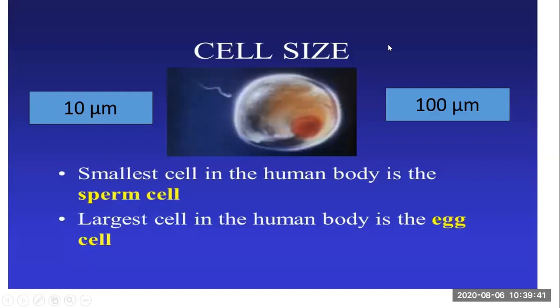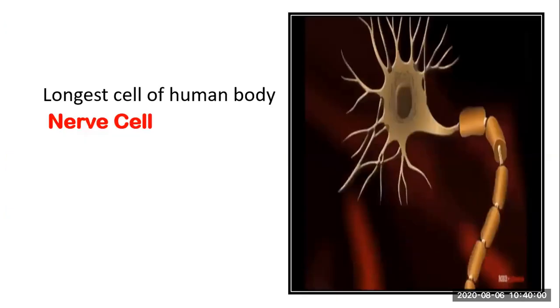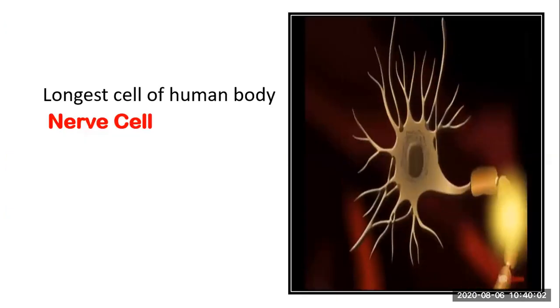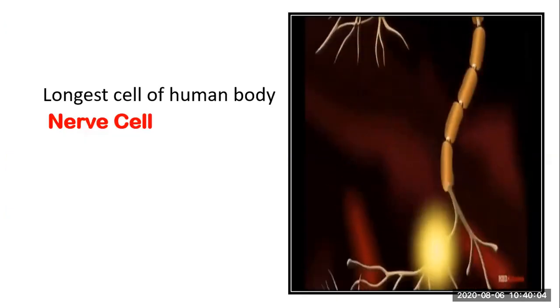Now, as you can see, the cell size starts from 10 micrometer to 100 micrometer. So that is the range of the cell size. Now the smallest cell in the human body is the sperm cell, which is present in the male, and the largest cell in the human body is the egg cell, which is also known as the ovum. As you can see in this picture, this is a nerve cell, also known as the neuron.